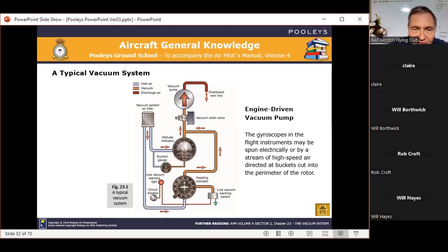This diagram that they've drawn here isn't quite correct, but it doesn't matter. There's also a suction gauge in the cockpit that shows you how much air pressure there is. And then there's normally a warning light with some sort of switch in the circuit somewhere to show you if the air pressure is too low or whatever.